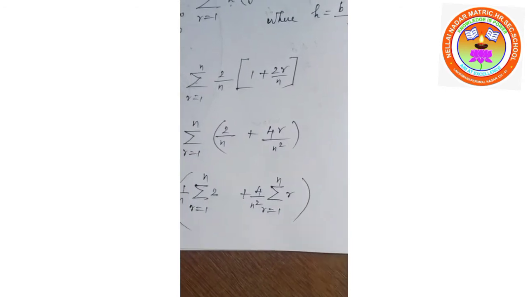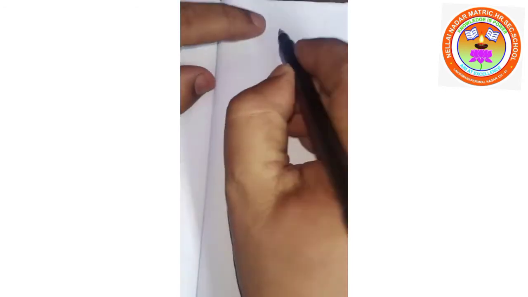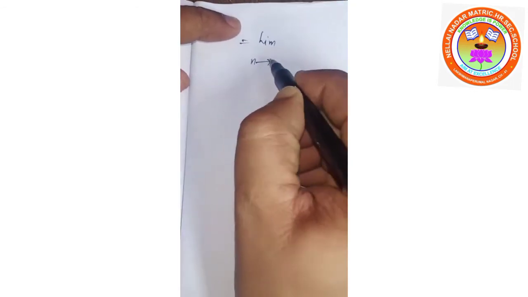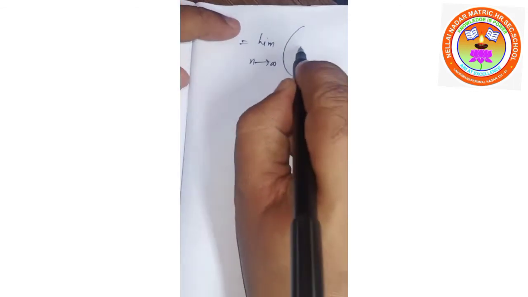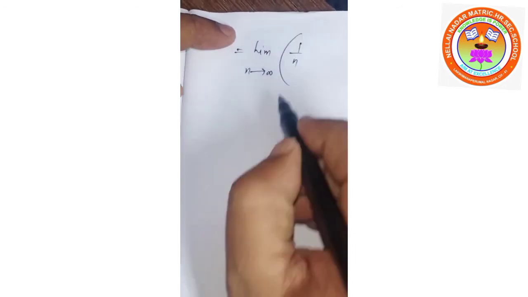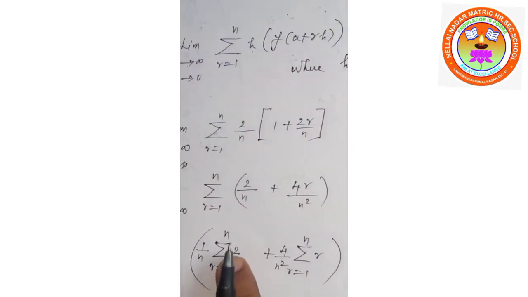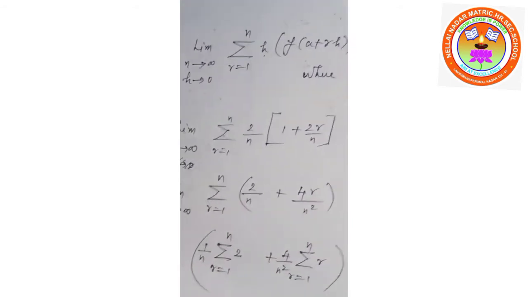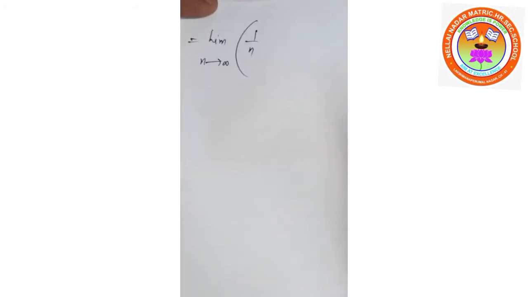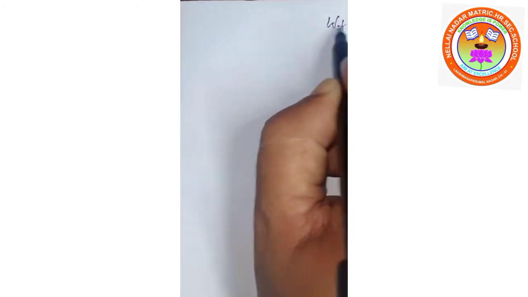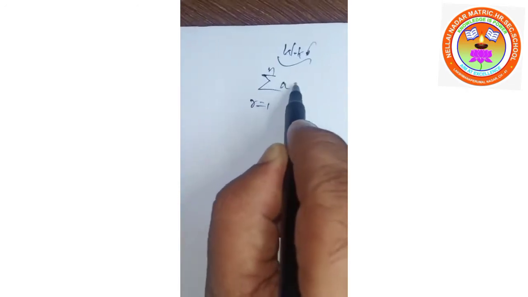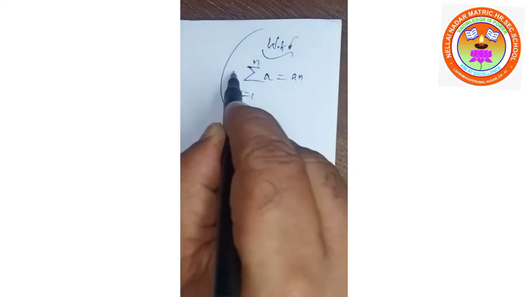That is equal to limit n tends to infinity, 1 by n sigma r equals 1 to n of 2. What form is it? Sigma r equals 1 to n of a, where a equals 2, a constant. We know the formula that sigma r equals 1 to n of a is equal to an.